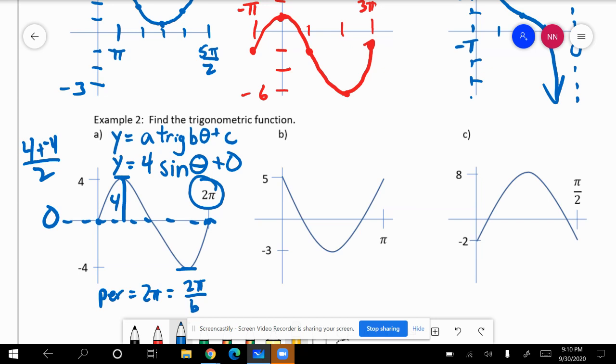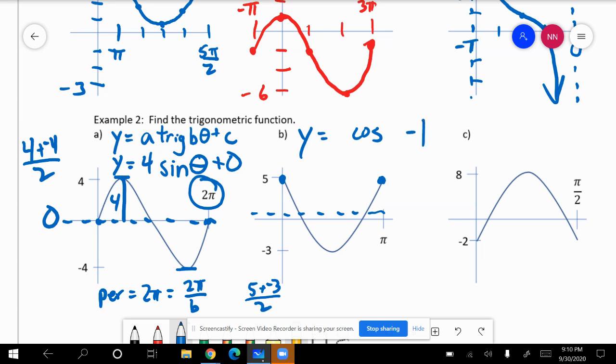Now for letter B, I see that it's a cosine curve because it starts at the top, goes down, and goes back up to the top. So I know that I have a cosine curve. My midline in between 5 and -3 would be 1. Once again, if you're not sure, we add them up and we divide by 2. So that means I'm going to subtract 1.